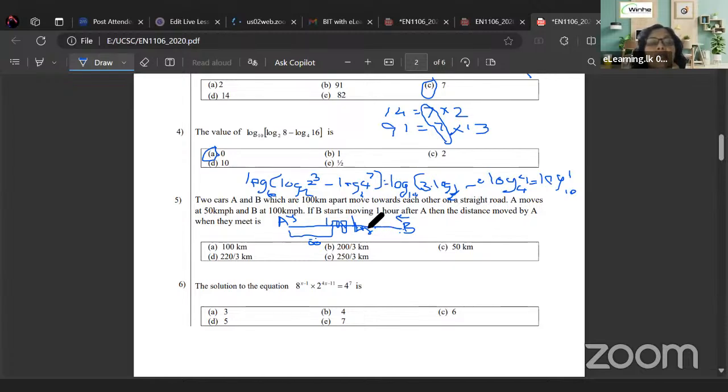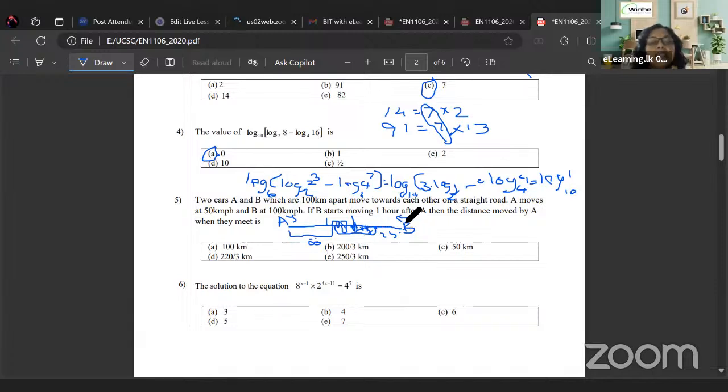Then again when it moves, this half will come into this much.